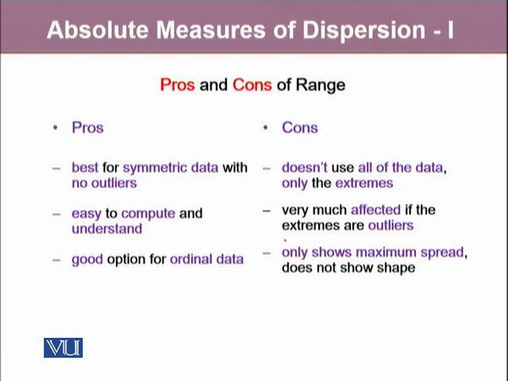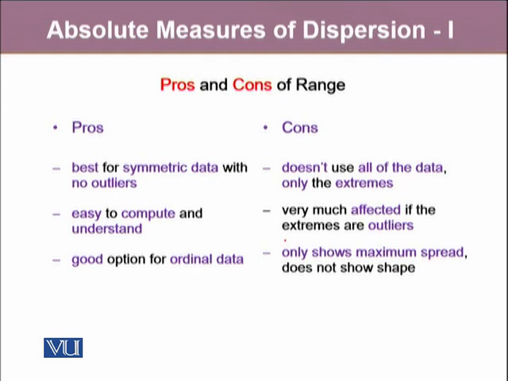It only uses the extreme values in the data, that could be a lower extreme or an upper extreme. Moreover, it is very much affected if there are extremes and these extreme observations are outlying observations. And range only shows maximum spread. It does not show any shape of the distribution, which is one other task that we can perform using different measures of dispersion.